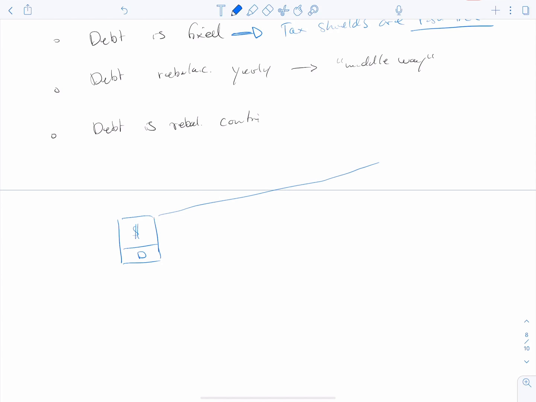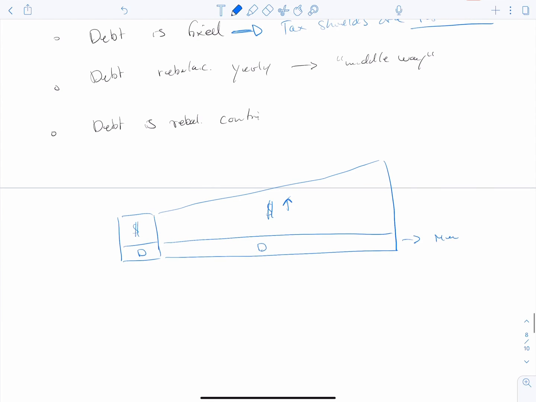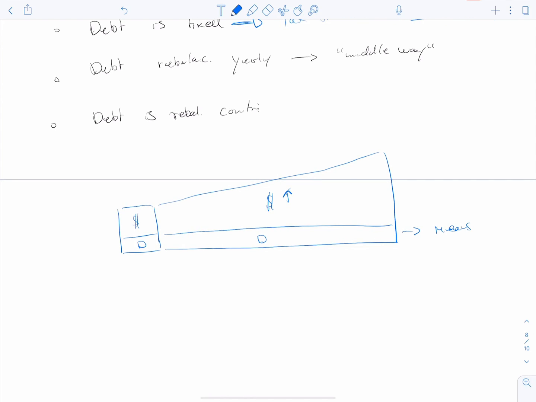Even though this grows over time, your debt stays flat, right? So that means, right? So even though this cash flow to equity holders goes up over time, that means that tax shields are constant, right?